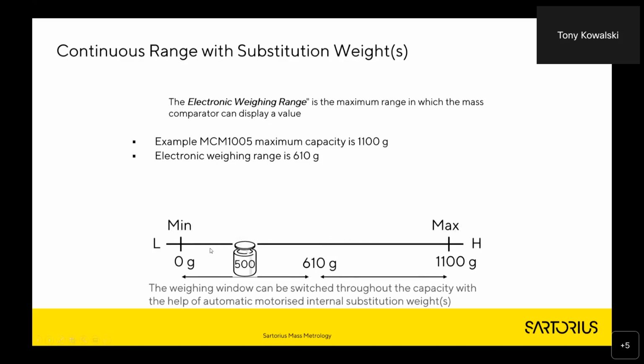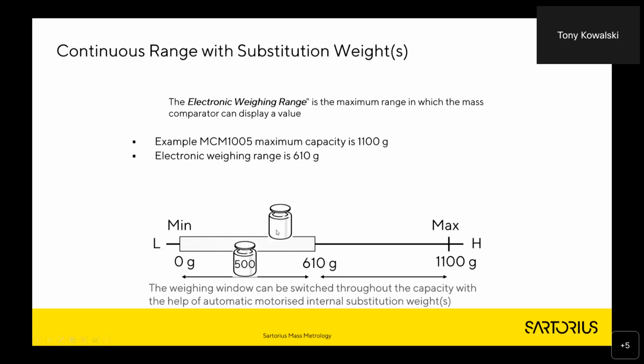And when you place any weight on the weighing pan up to 610 grams, you see you're weighing within the electronic range of 610 grams, because this comparator actually needs a kilogram to make it work.